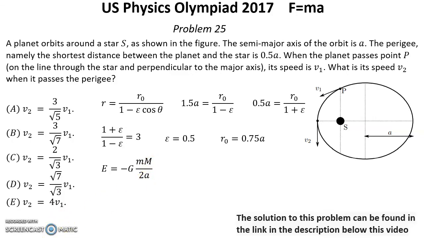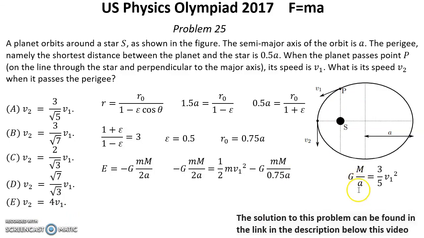And now we can use this formula for point P and for perigee. For point P we have this expression that the total energy equal to kinetic energy plus potential energy in point P. And from here we can find that GM over A equal 3/5 v1 square.